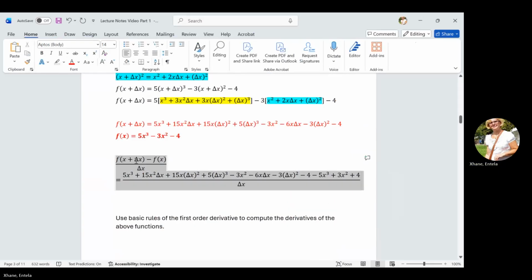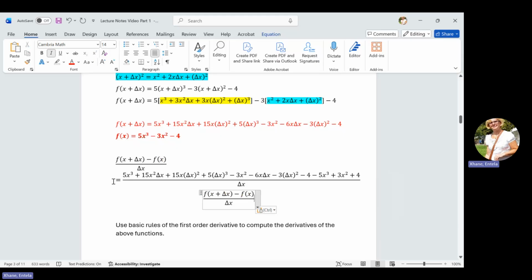Again, I'm going to look at this expression, f of x plus delta x. That's the ratio. And then I'm going to study and see what I can cancel out. And then I'll identify them by using colors. So let's start with 5x to the third, which is the color green. Do I have a minus 5x to the third? Yes, I do, right there. So that's green. Those terms will cancel out.